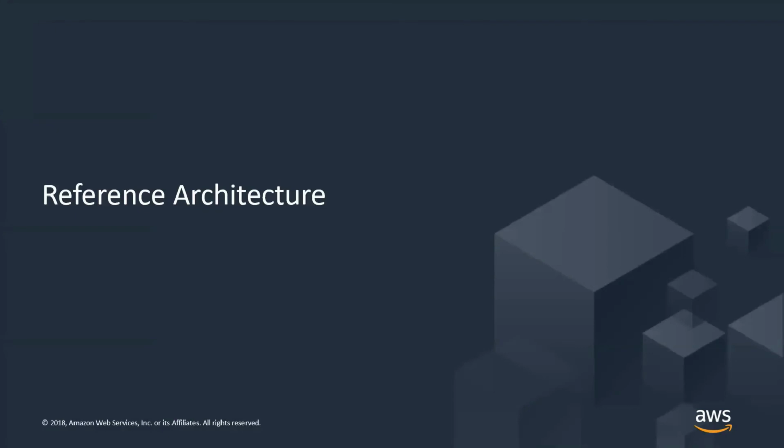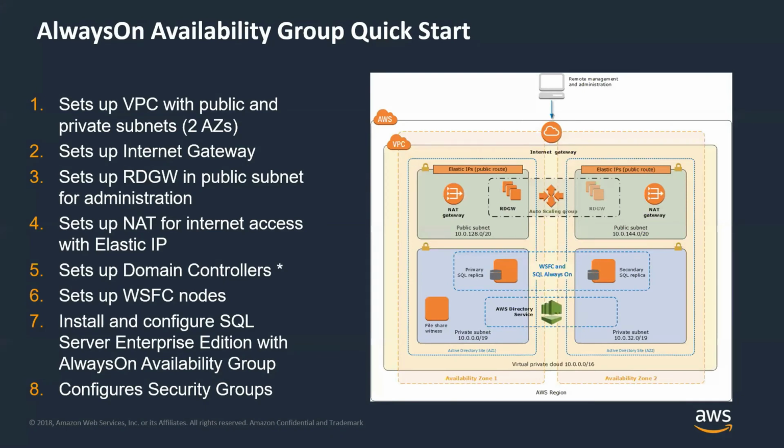Reference architecture. AWS maintains quite a bit of reference architecture for you to have access to. Just a quick internet search will be able to provide it for you. They have a Quick Start for Always On availability groups, which will set you up with public and private subnets in two AZs each. It sets up an internet gateway for you, creates a gateway on the public subnet for administrative purposes, sets up NATs for internet access with elastic IPs, and sets up the domain controller for you as well.